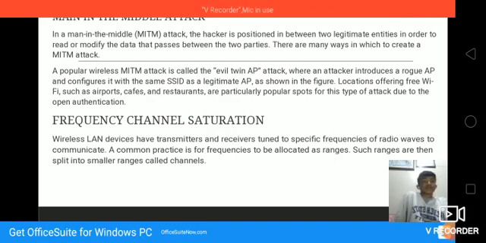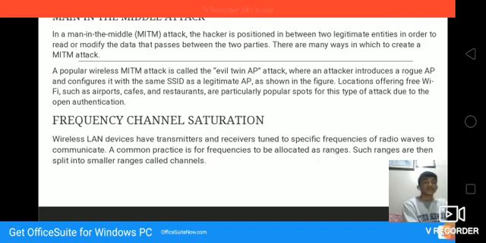A popular wireless MITM attack is called the Evil Twin AP attack, where an attacker introduces a rogue AP and configures it with the same SSID as a legitimate AP. As shown in the figure, locations offering free Wi-Fi, such as airports, cafes, and restaurants, are particularly popular spots for this type of attack due to the open authentication.